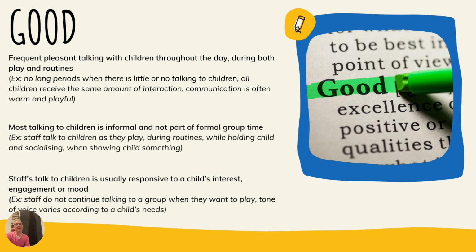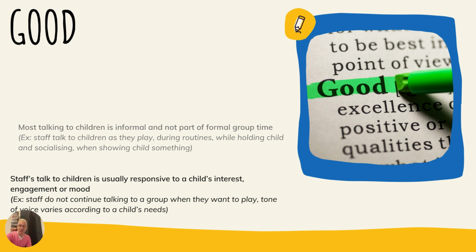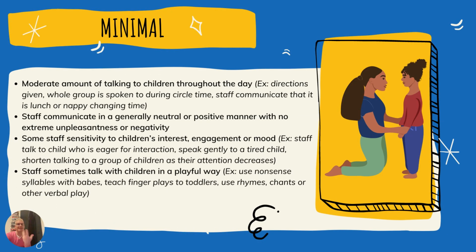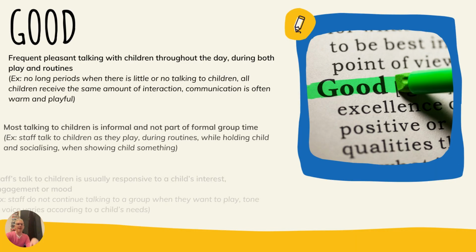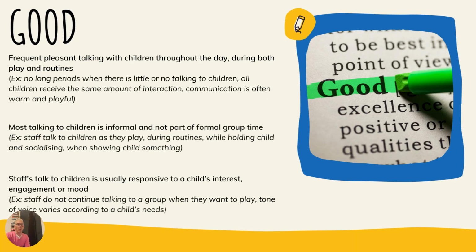Those 3 things, in addition to the things that we looked at that would be minimal, these 3 things would support a good environment, and we're looking at a number 5 on the rating scale if you're achieving these things.